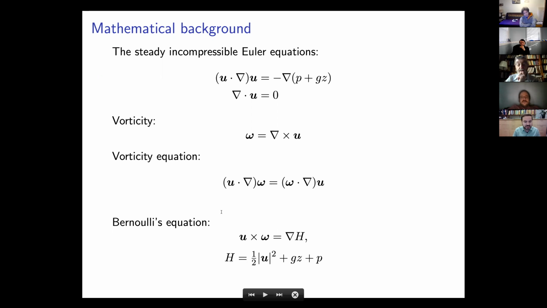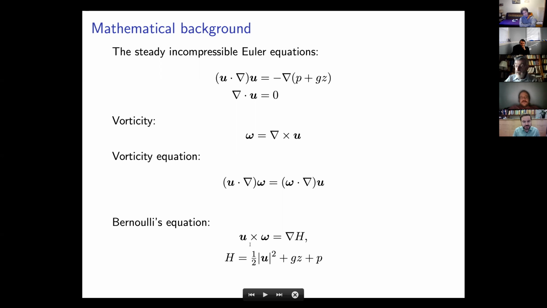Another way is to reformulate it in terms of Bernoulli's equation. You can understand Bernoulli's equation in different ways. From the Euler equations, if you simply take the curl of both sides, then you get this relation. And you can also go the other way around.